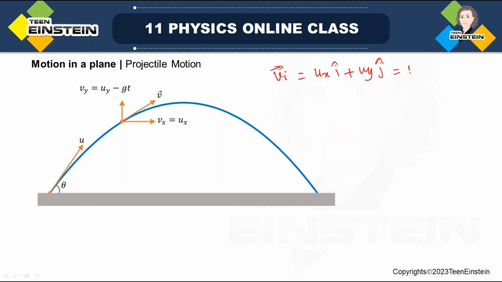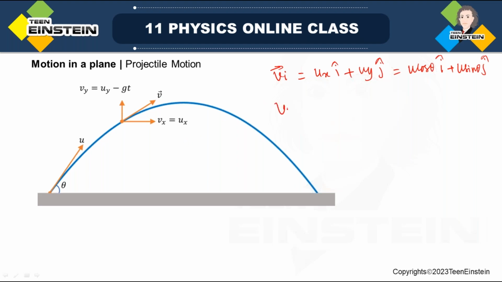That means u cos theta i cap plus u sin theta j cap. And what is the final velocity?